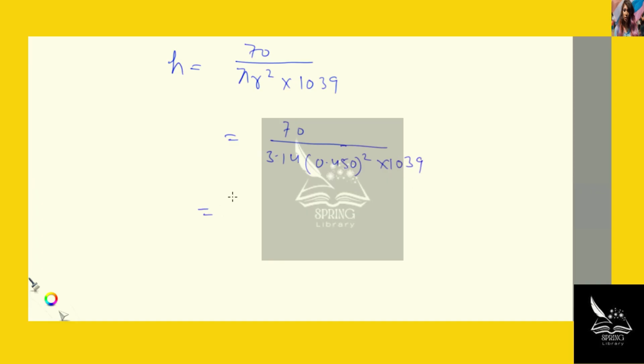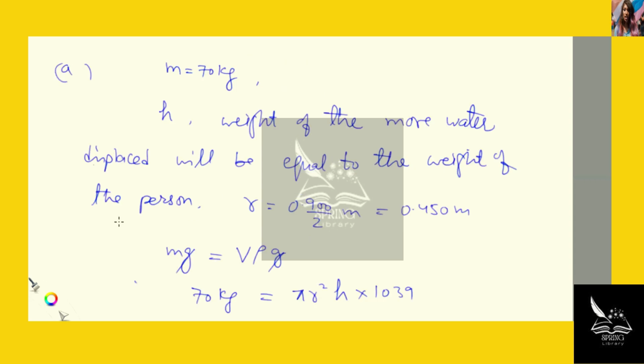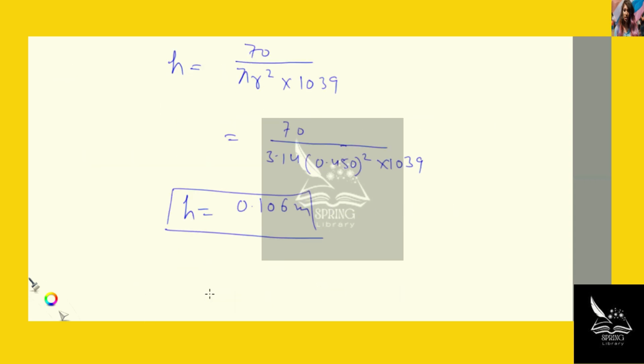So finally, when we calculate it, this height comes out to be 0.106 meter. So this is the answer for the first part of the problem, in which we have to find the height of the cylinder which will be dipped.